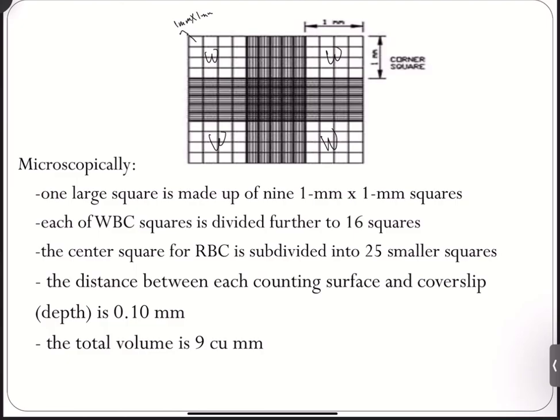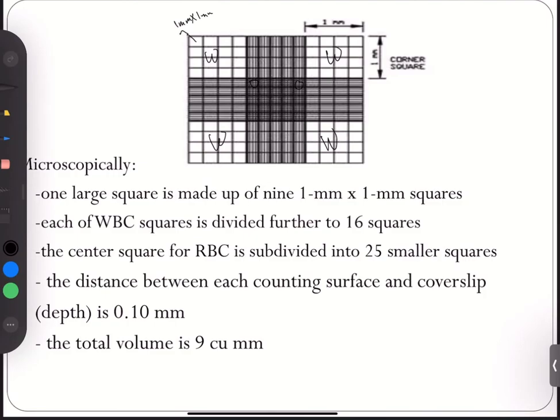While your center is subdivided into 25 smaller squares, 1, 2, 3, 4, 5.